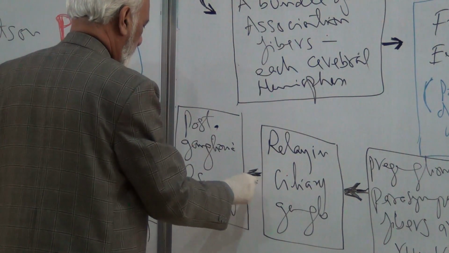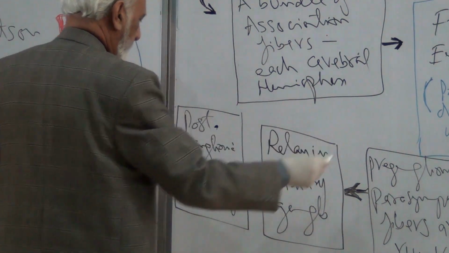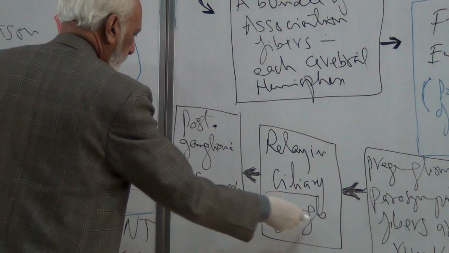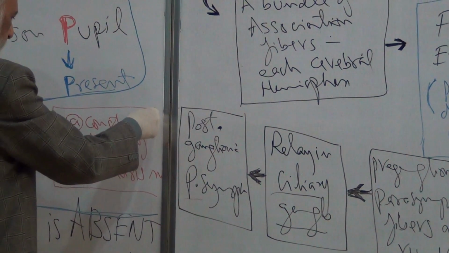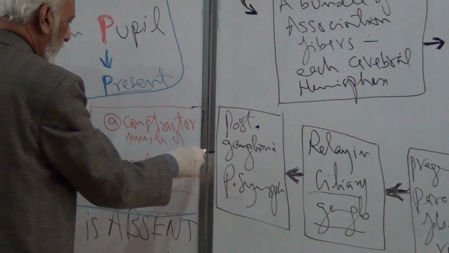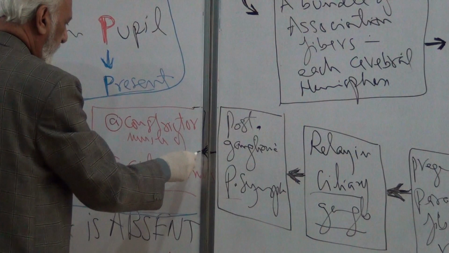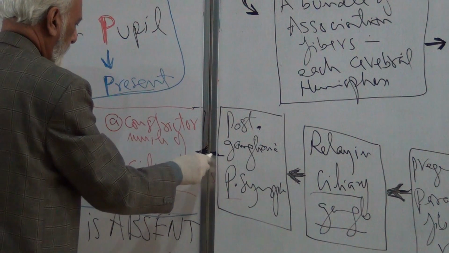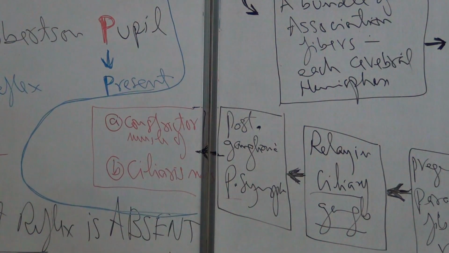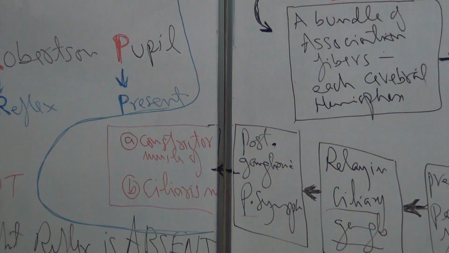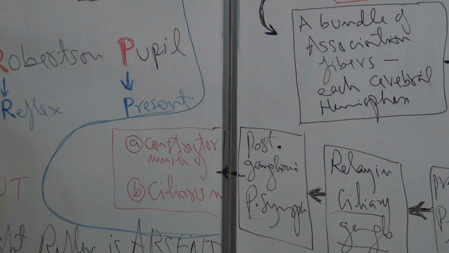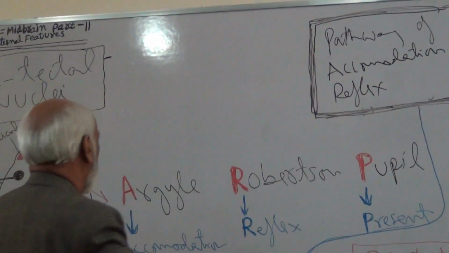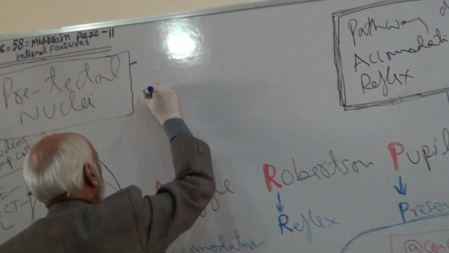The postganglionic parasympathetic fibers, originating via the Edinger-Westphal nucleus relay, enter the eyeball to supply the constrictor pupillae muscle of the iris and the ciliaris muscle. So in response to accommodation, the pupil will constrict and the lens power will be increased. Now, the visual pathway. Now this is the supralateral surface of the cerebral hemisphere.